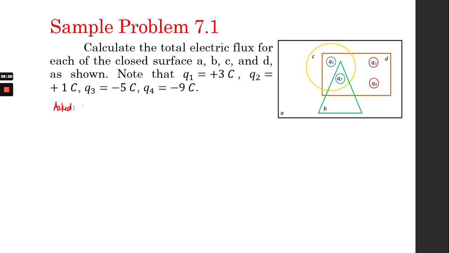What it's asking is the electric flux for surfaces A, B, C, and D. And the formula that we have to use, in order to find the electric flux for an enclosed surface with charge inside, is phi equals Q total divided by the permittivity of free space.